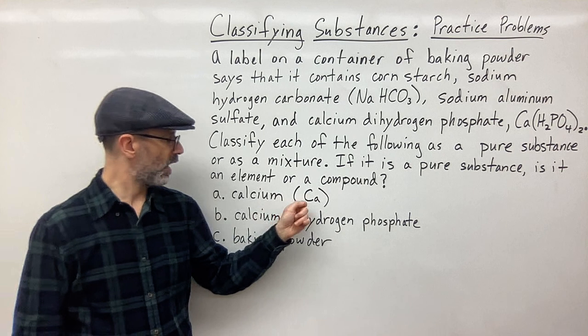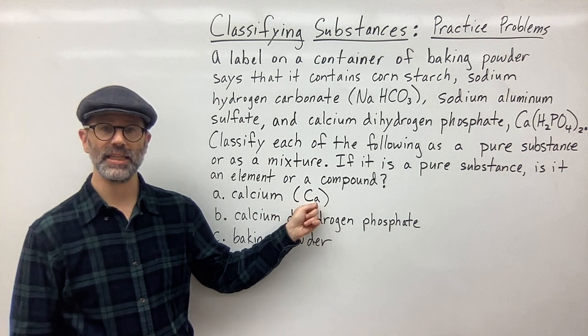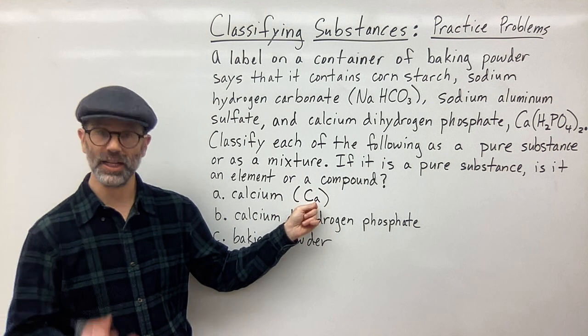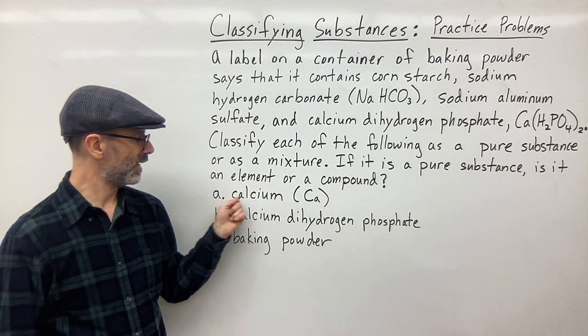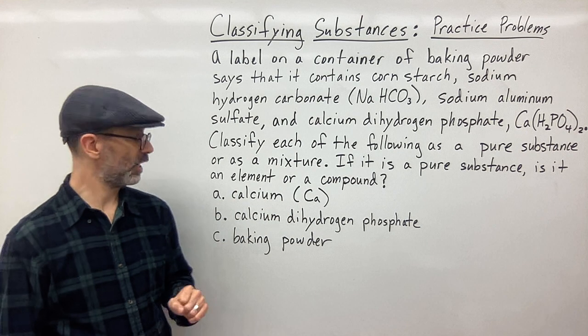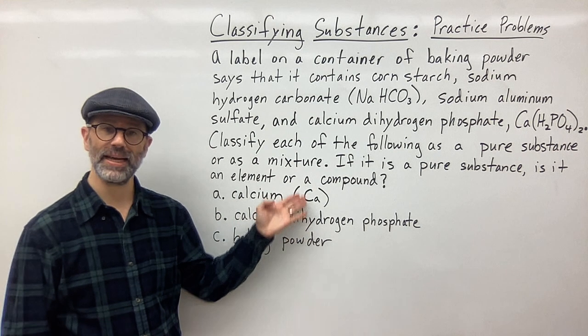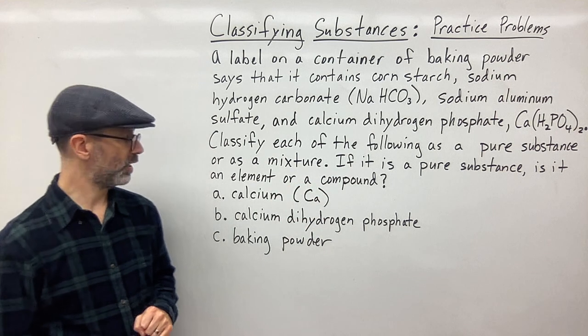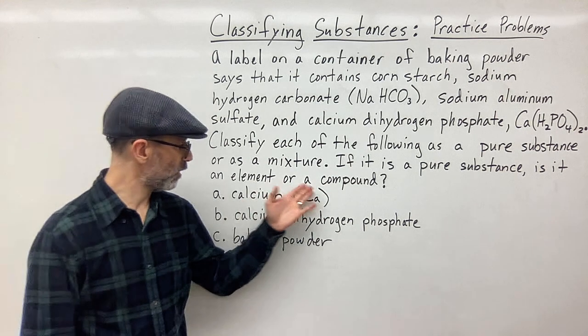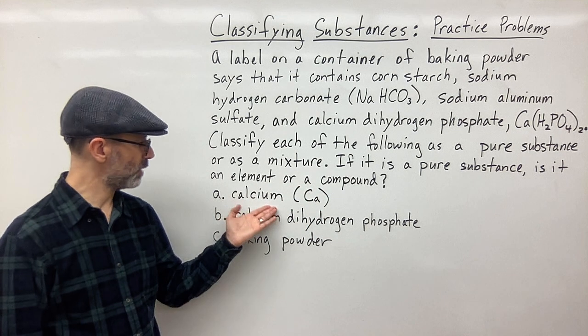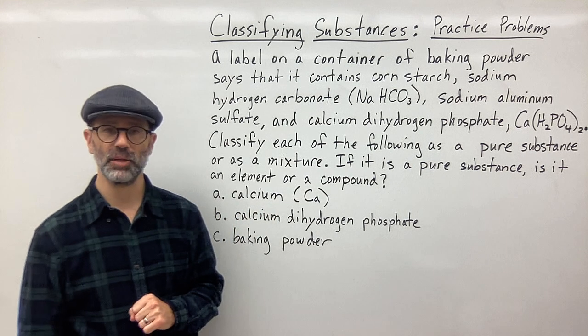And so, given that we can find this on the periodic table of elements, that indicates that calcium is an element. It is a pure substance because we can identify it by a formula. So there it is. That's going to be a pure substance and it's going to be an element.